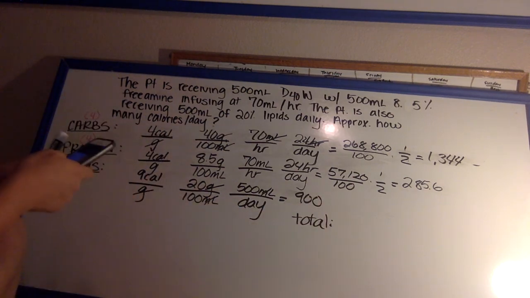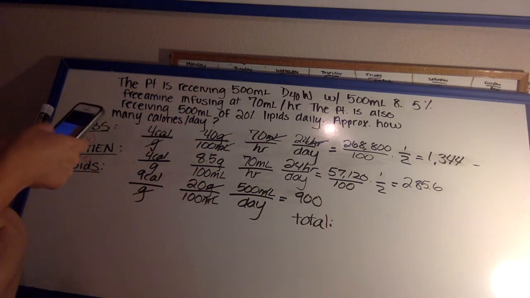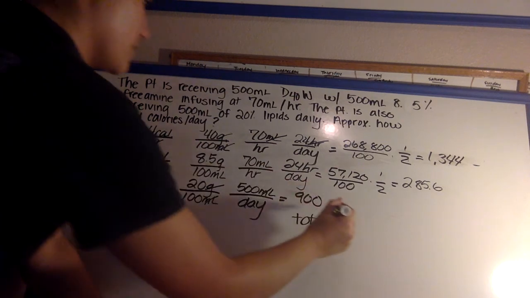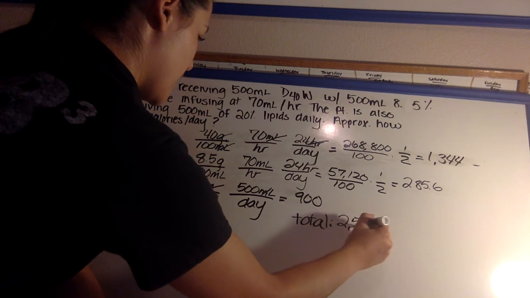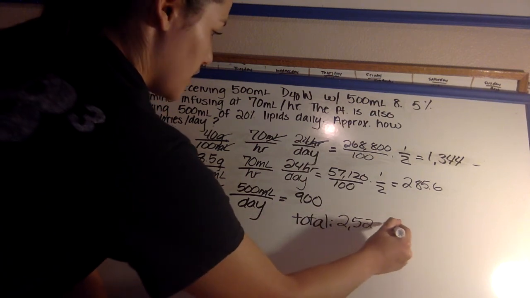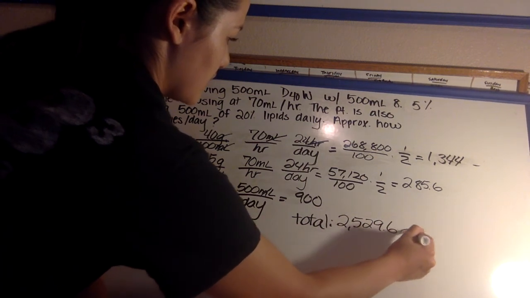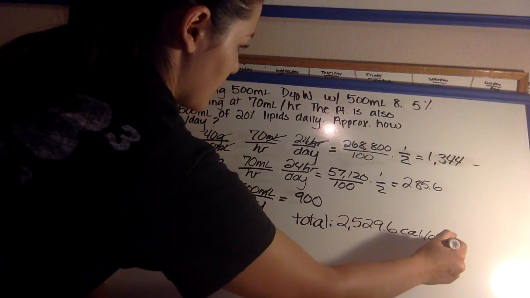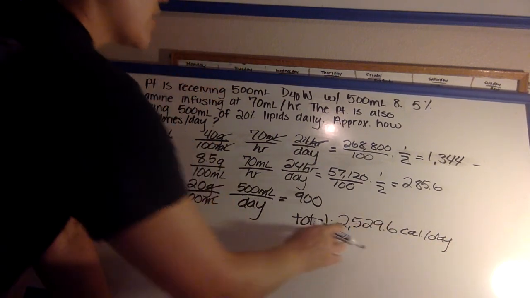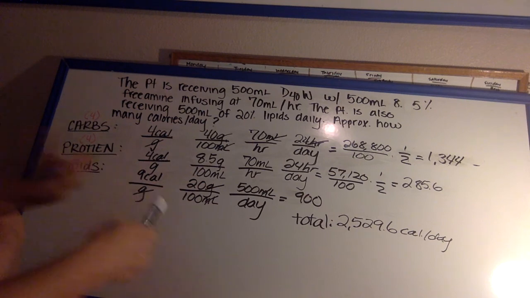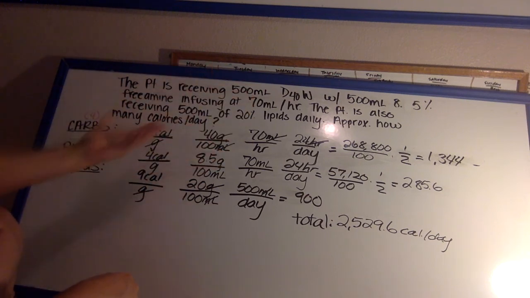So we have 900 plus 285.6 plus 1344 equals 2,529.6 calories per day.